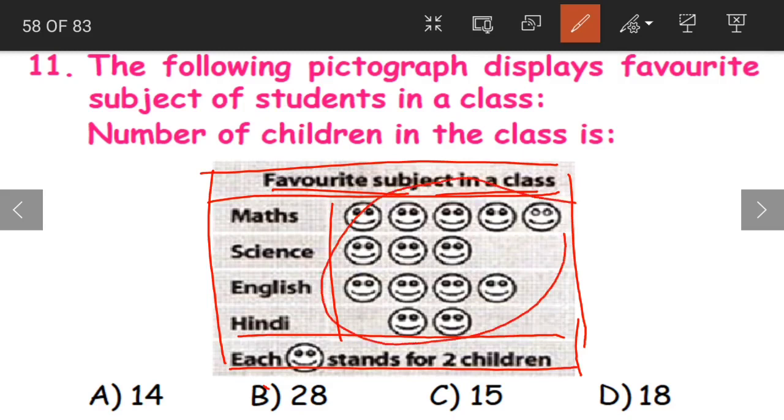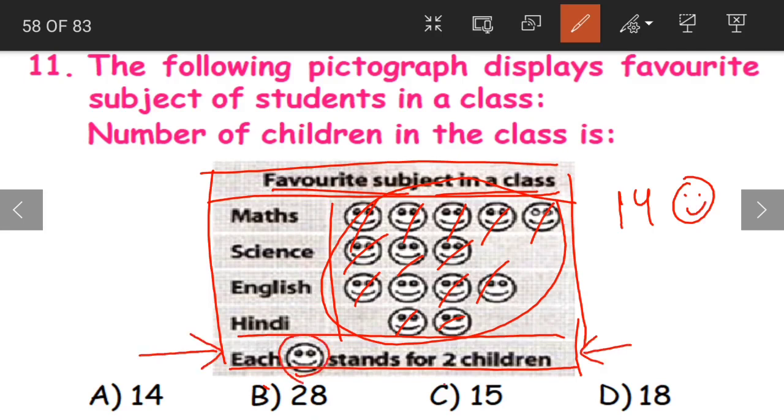We should add all of these together. 1, 2, 3, 7, 8, 9, 10, 11, 12, 13, 14. Yes, we are having a total of 14 smileys. But again, what is the last line here? Each smiley stands for 2 children.